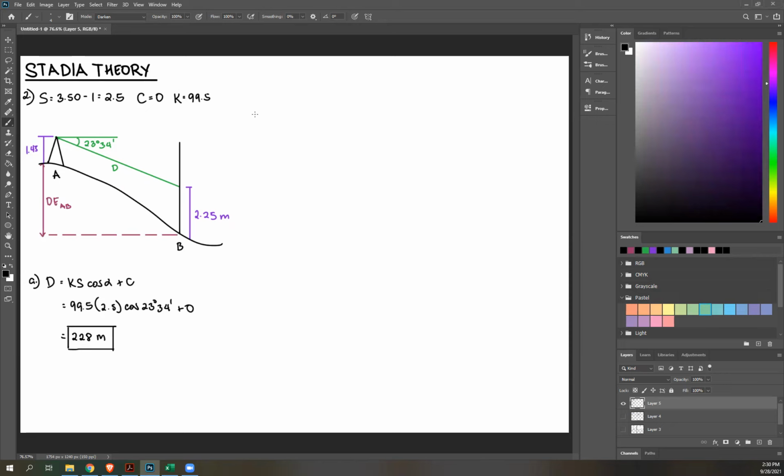So instead, this is what we can do. This is V, right? V is from this point to this point. V is always from the horizontal line of sight of your instrument to where it intersects the rod. So that's your V. I need to get this.